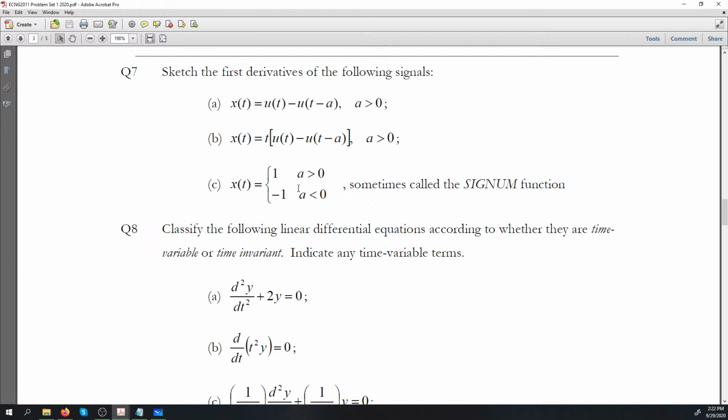So part B is basically x of t here multiplied by t of the same initial signal that we had here, u of t minus u of t minus a.